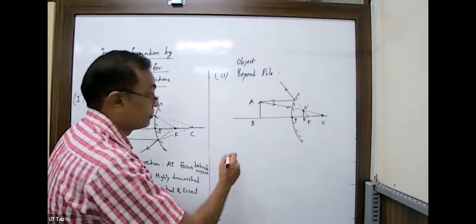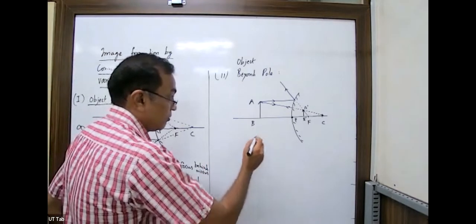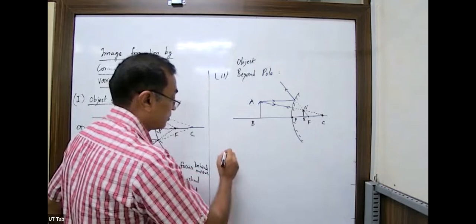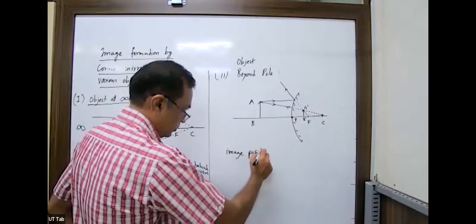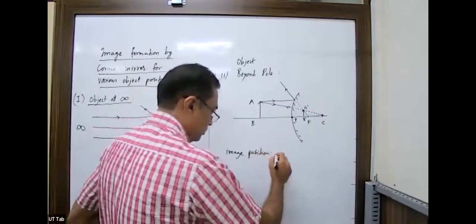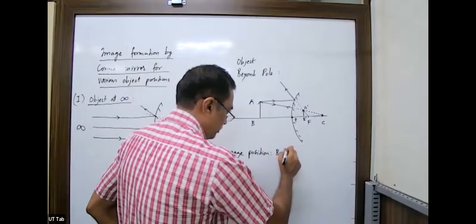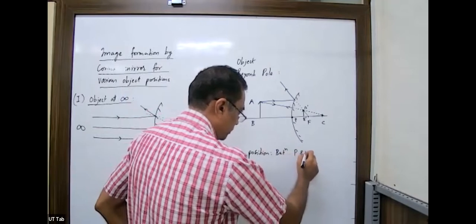Here also, what is the image position? Between P and F, behind mirror. Between P and F, behind.